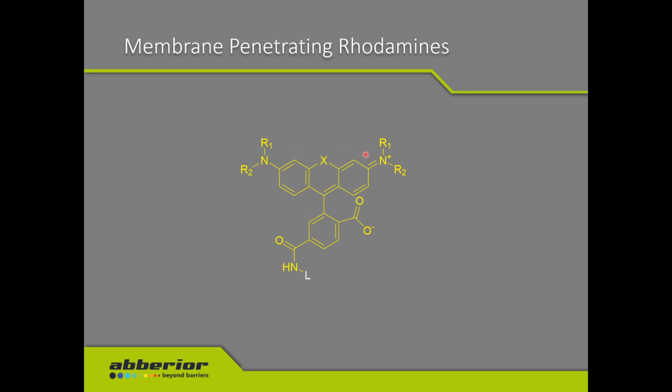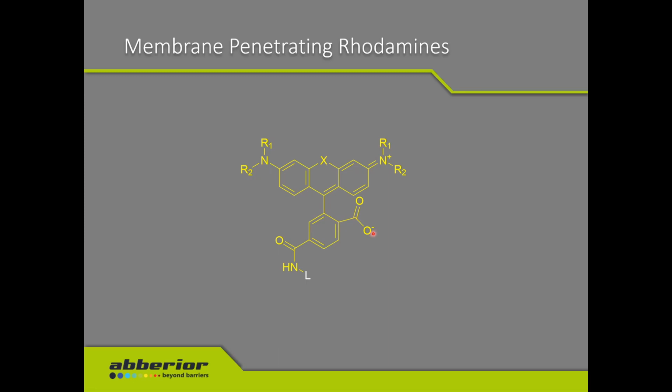You have your xanthene moiety, this three-membered heteroaromatic ring system, where X could be, for example, an oxygen or also other atoms. Then you have your amine with different side groups. And on this benzoic ring, you have your 2-carboxylic acid.